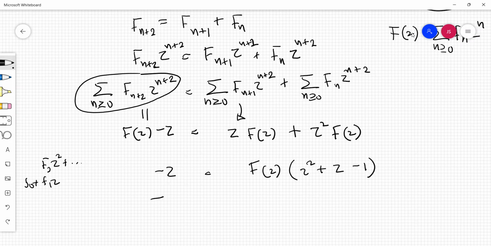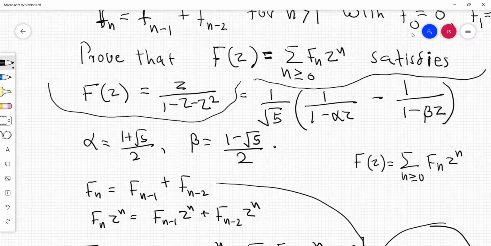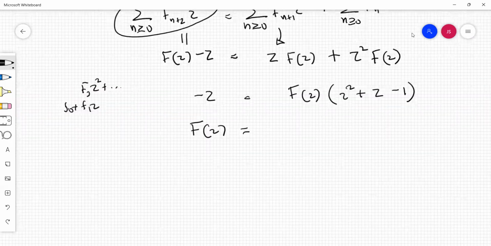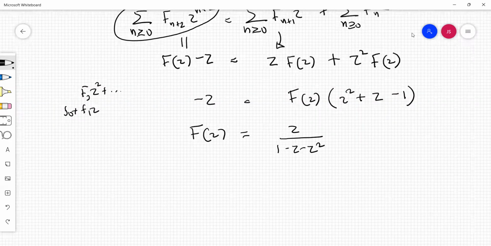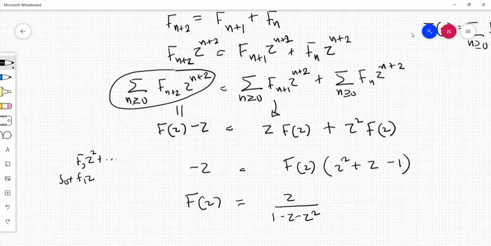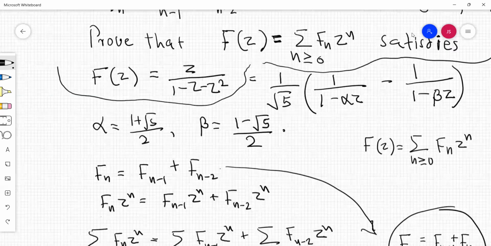So F of Z is equal to Z over 1 minus Z minus Z squared. Yes, so you can write 1 minus Z minus Z squared. Right. Now, how do you convert it to the next part? How do you derive this one then?